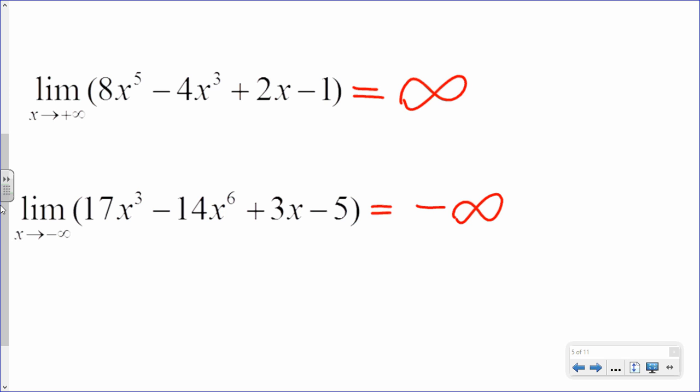The right-hand behavior is positive infinity because 17 is a positive number, and then since it's an even or an odd numbered exponent, then it stops at the left side. I like your thought process.